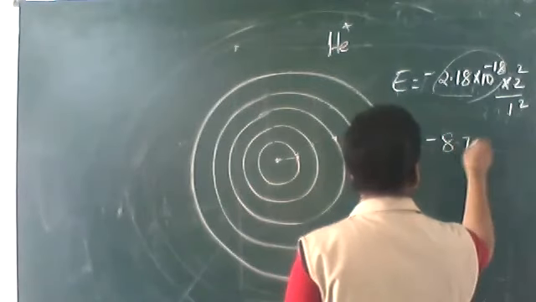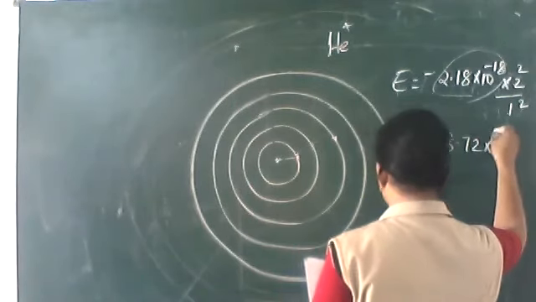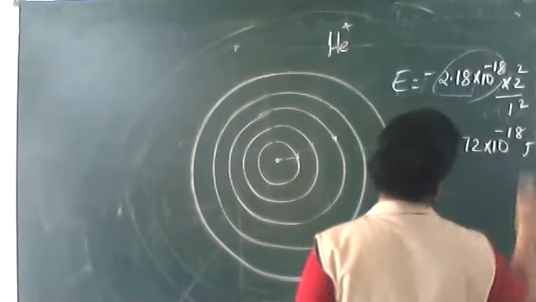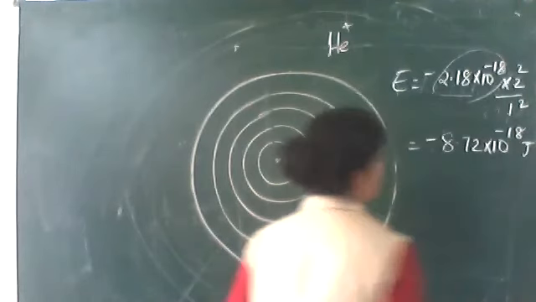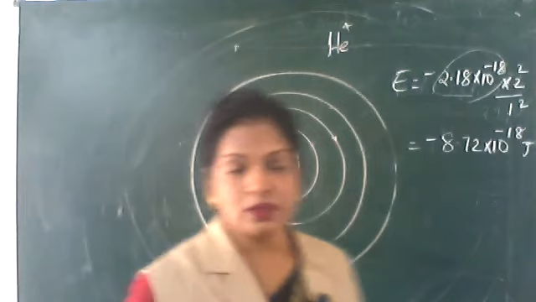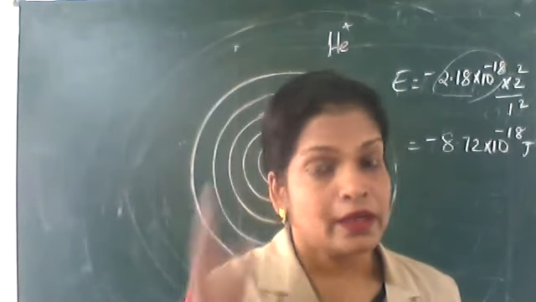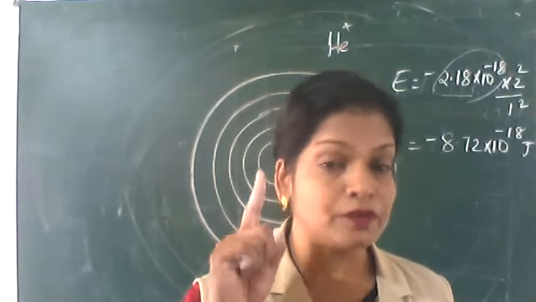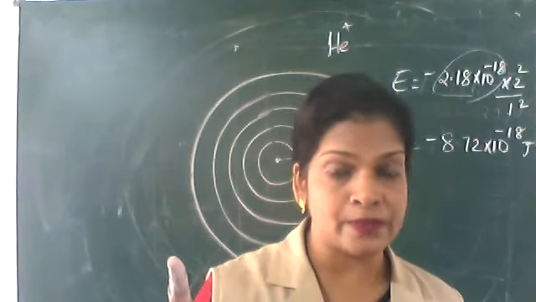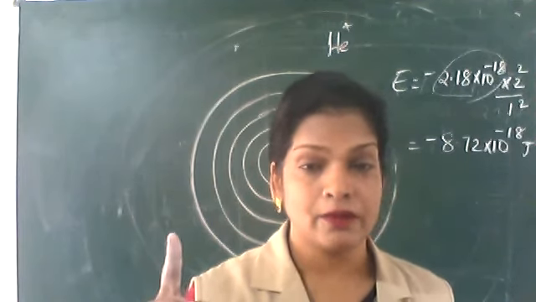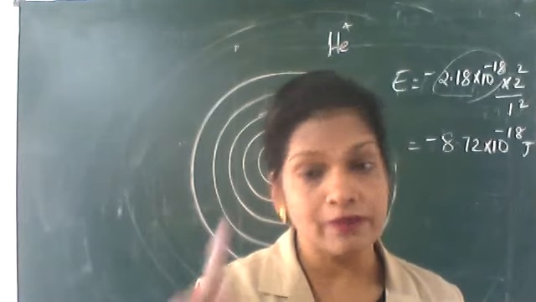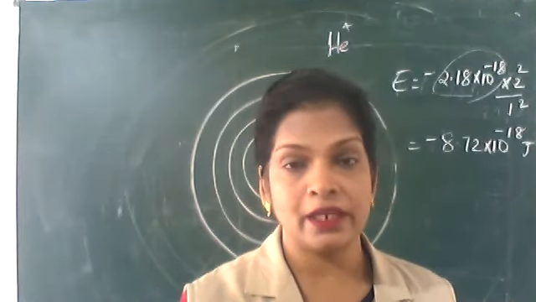Minus 8.72 into 10 to the power minus 18 joules. What is the radius of this orbit? In the case of hydrogen, we know 52.9 picometer is the radius of the first orbit of hydrogen. What about in helium plus?